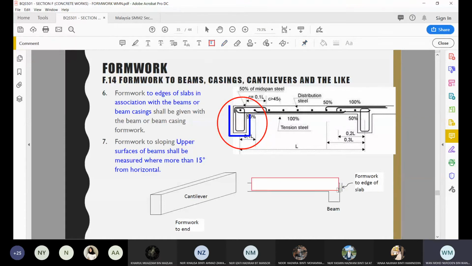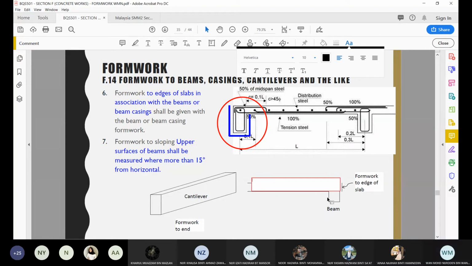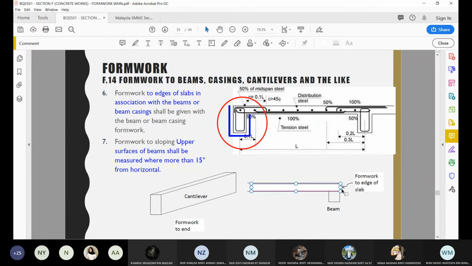Ada slab kan? Di slab, kawasan tepi ni kita ada formwork untuk edges of slab kan? Tapi bila kalau slab tu di bawah dia ada beam, situasi macam tu lah. Ni slab lah. Okay. Kita pun letak slab kat sini.